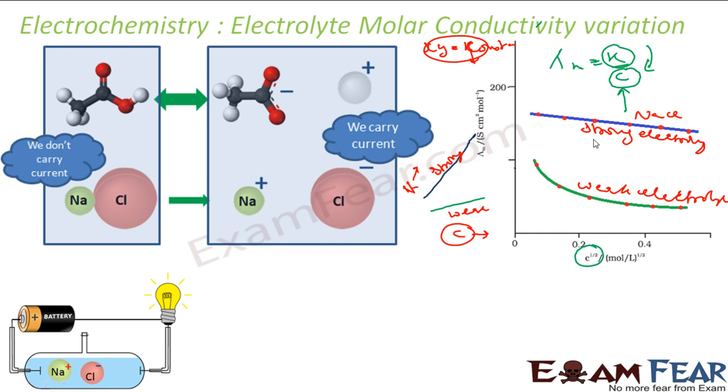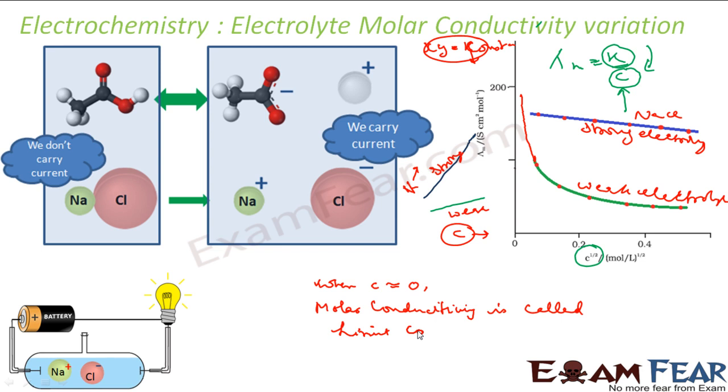One thing to note here is, if this concentration is becoming almost zero, then this graph goes in this direction, something like this, because that's the graph for XY is equal to constant. Now at these values, when concentration almost approaches zero, then my molar conductivity is given a new name, and that is called limiting molar conductivity.